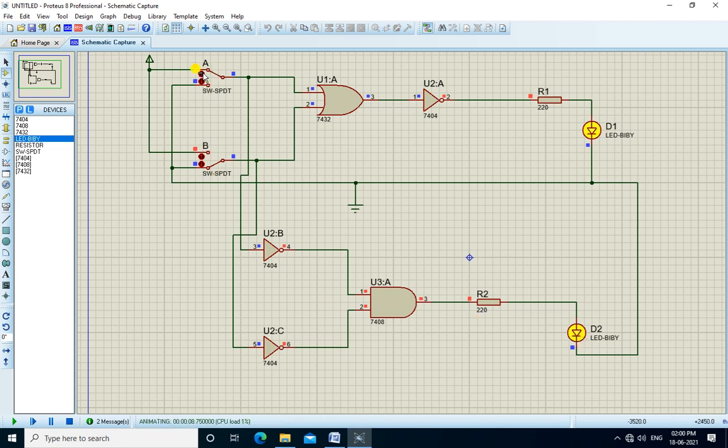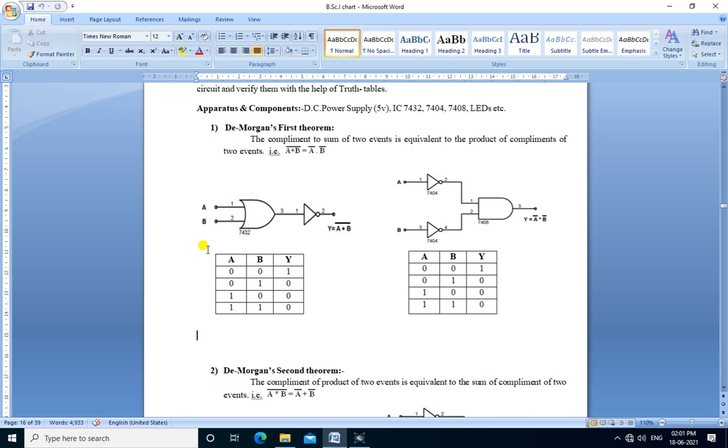If A is high and B is low, that is 1 and 0, both the outputs are 0. If A is 0 and B is 1, the output is 0, and A is 1 and B is 1, the output is 0. Both the LEDs are off. So these two logic diagrams are simulated and the truth tables for these two logic diagrams are verified.